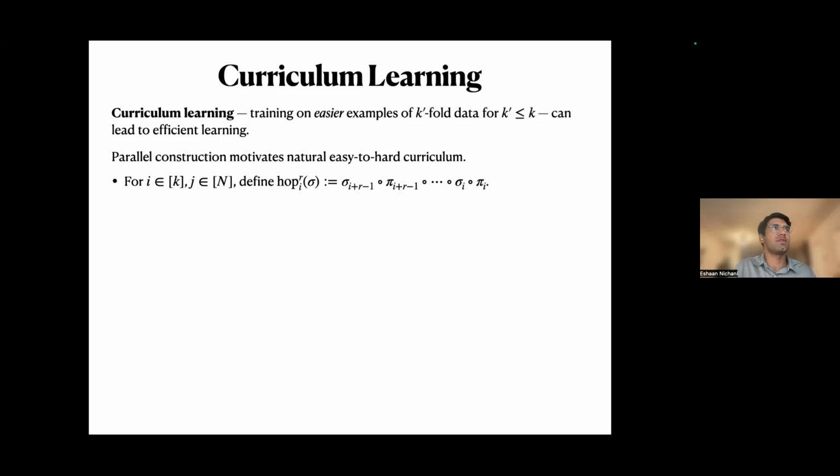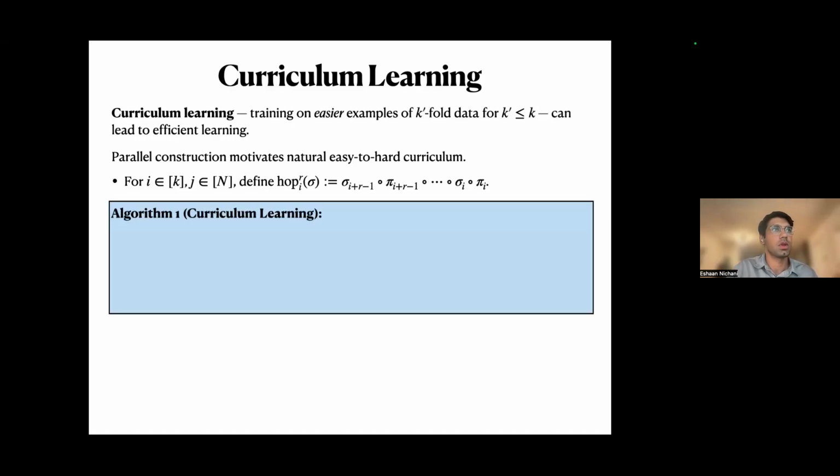So the parallel construction we talked about motivates a natural easy to hard curriculum. Let's recall that we've defined these hop R functions, permutations, to be the composition of R consecutive permutations in the input. We thus consider the following easy to hard curriculum learning algorithm.